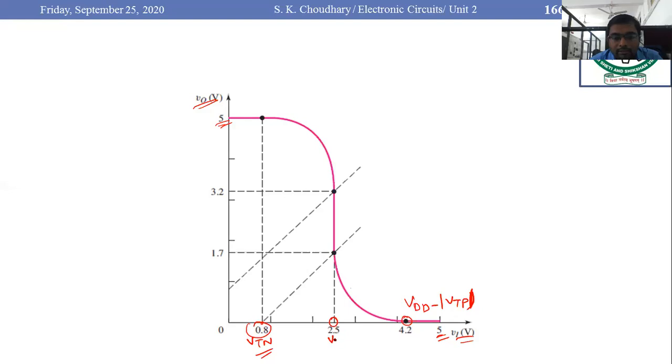It is VIT, input voltage common for the NMOS and PMOS, and at that input voltage 1.7 volt is VONT, output voltage of the NMOS, and 3.2 is VOPT. So these two are the critical voltages that we have to find out and plot on the voltage transfer curve. Okay.